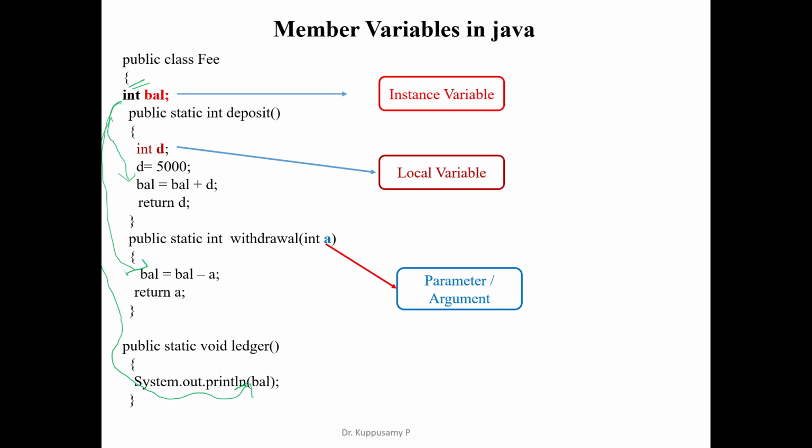An instance variable is shared by all the methods. Look at that, this is the important concept: an instance variable is shared by all methods. So there is only one variable which is shared by all methods.